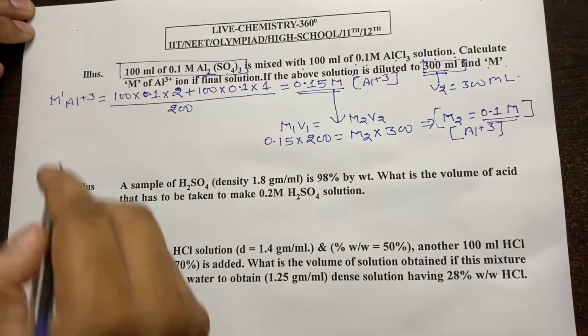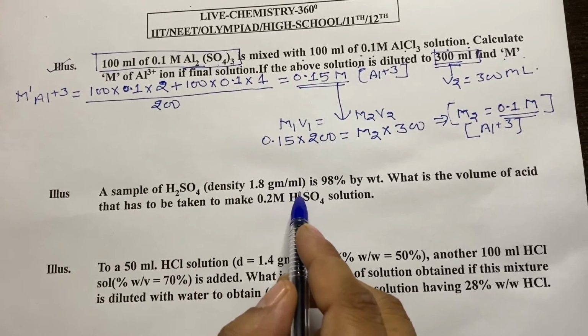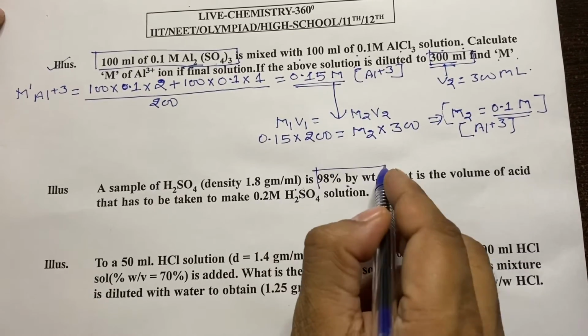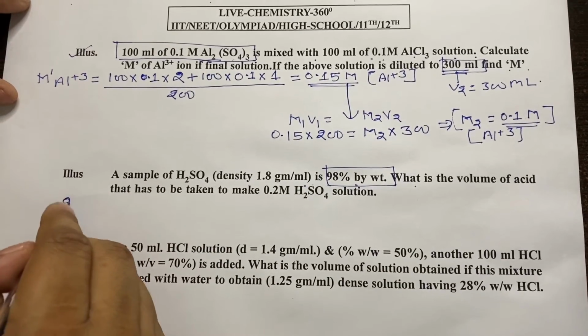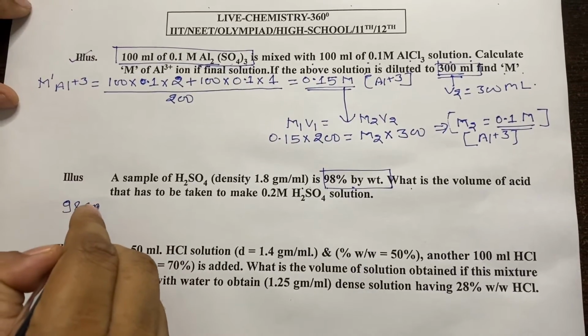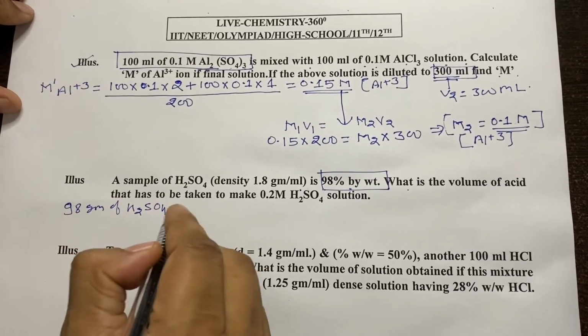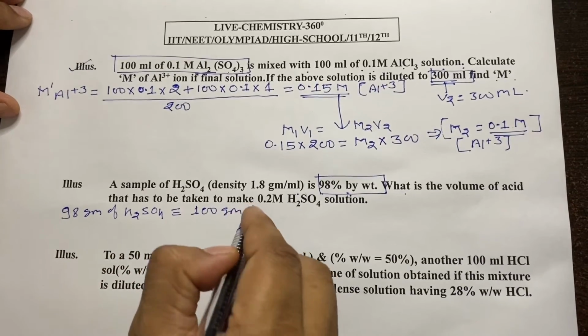Now we can take one more example: a sample of H2SO4 of density 1.8 gram per ml is 98% by weight. Since it is 98% by weight, we can say that 98 gram of H2SO4 is present in 100 gram of solution.